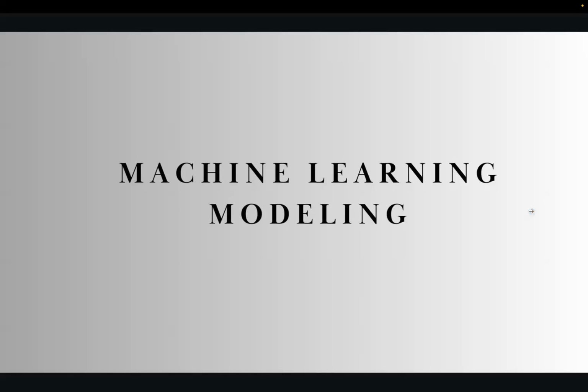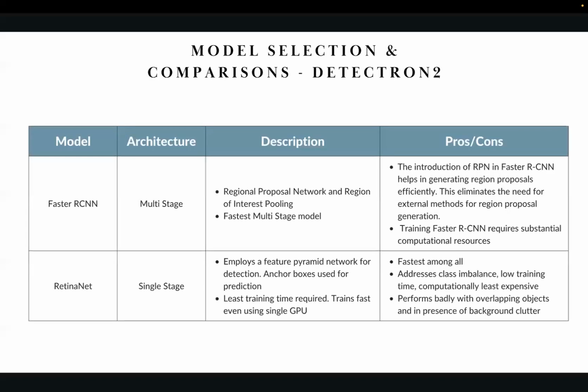Moving on to machine learning modeling. We wanted to select two architectures, one multi-stage and one single stage, to compare within the Detectron2 library. So for multi-stage, we went with Faster RCNN, which uses a region proposal network and region of interest pooling for object detection.